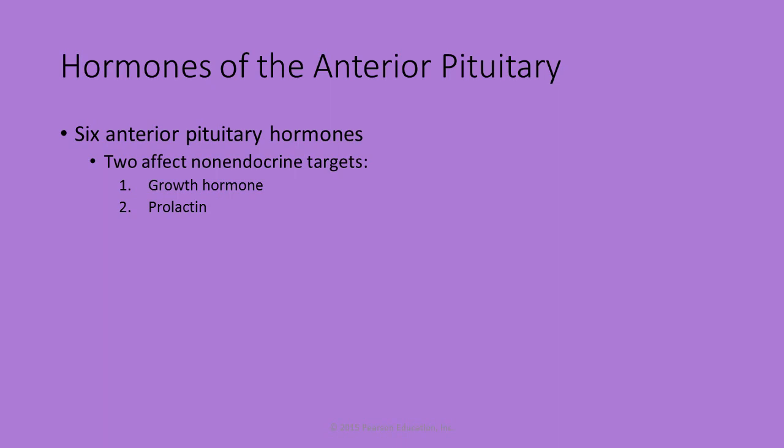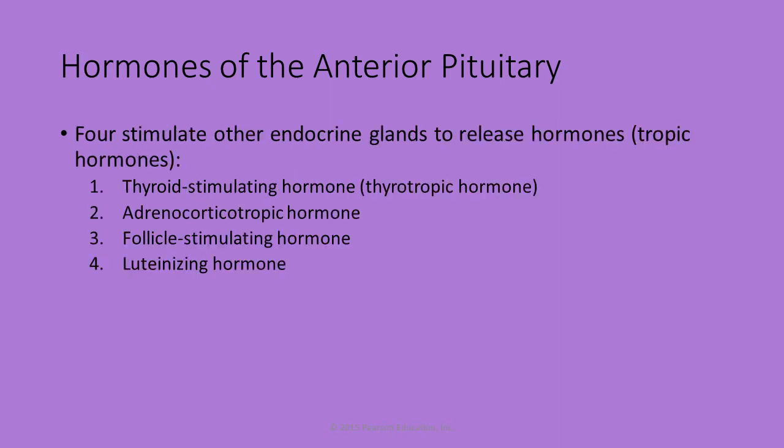The anterior pituitary produces 6 different hormones. 2 of these will affect what we call non-endocrine targets, the growth hormone and prolactin. The other 4 hormones that are made by the anterior pituitary actually stimulate additional endocrine glands to secrete other hormones. So you often find it's kind of like a cascade.